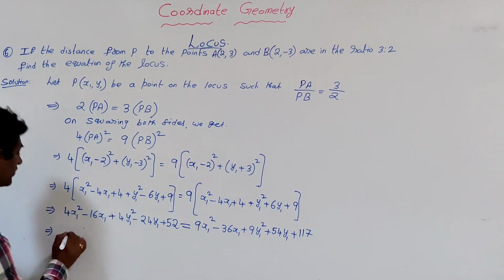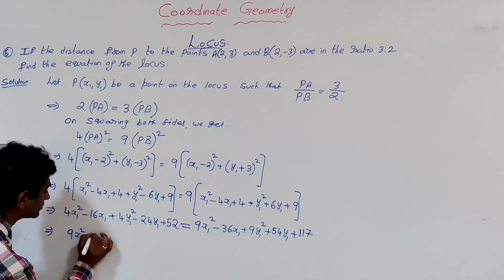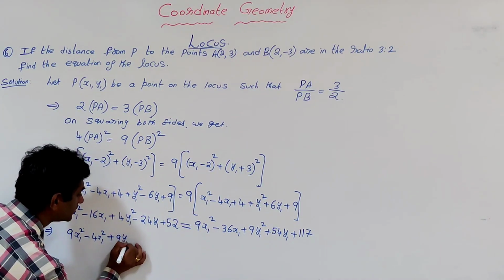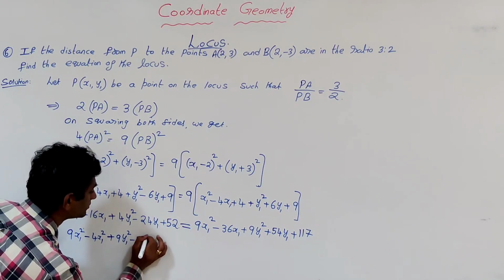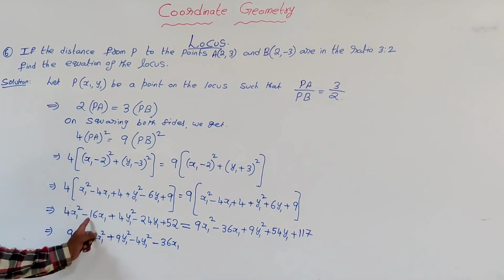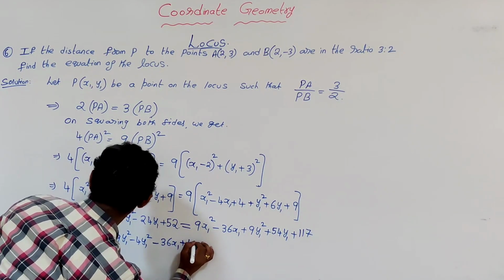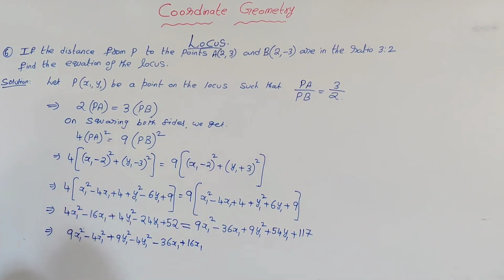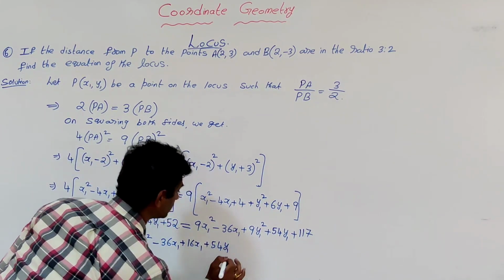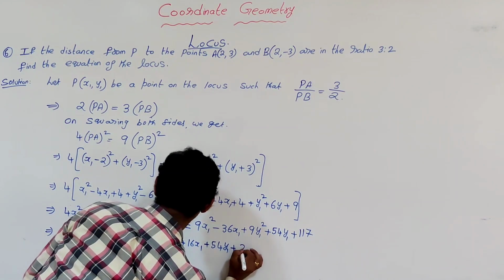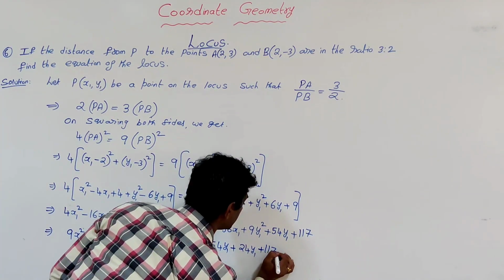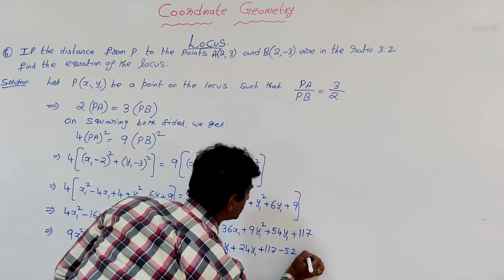9x1 square minus 4x1 square plus 9y1 square minus 4y1 square minus 36x1 plus 16x1 plus 54y1 plus 24y1 plus 117 minus 52 is equal to 0.